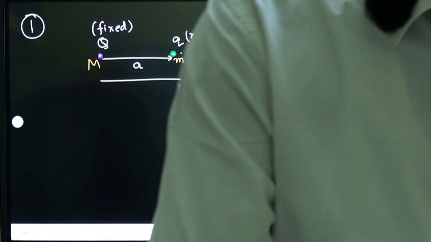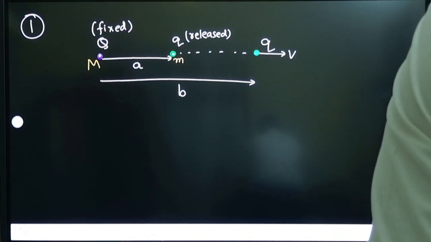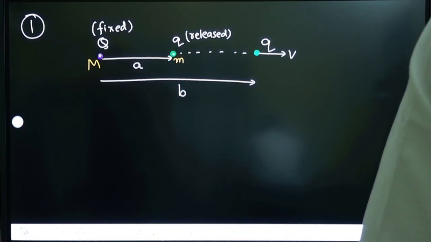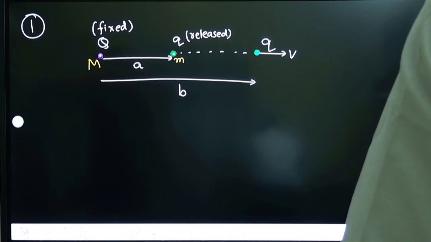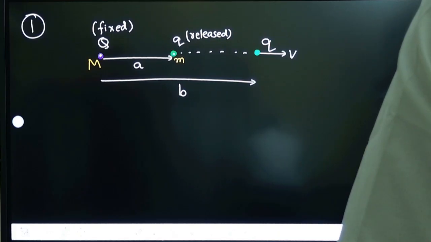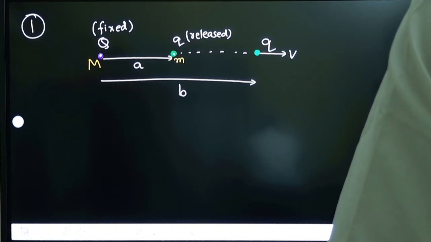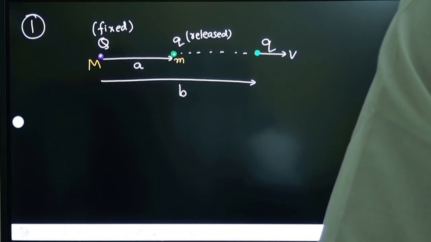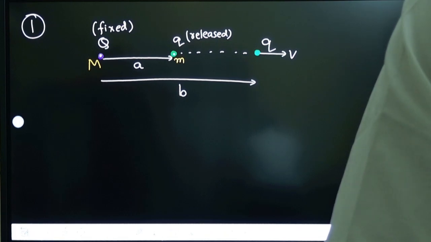Yes, Kevin? Acceleration. What about the electric field?